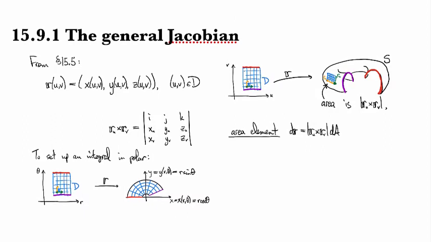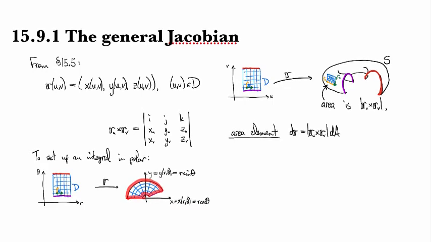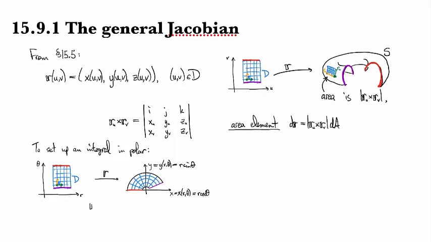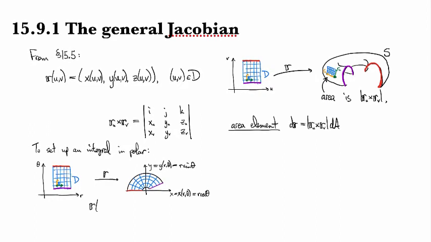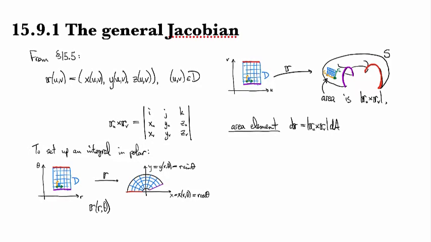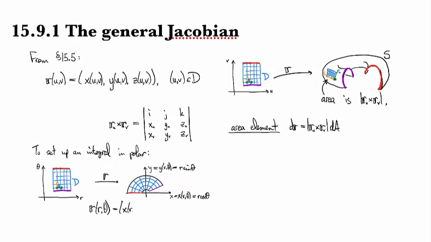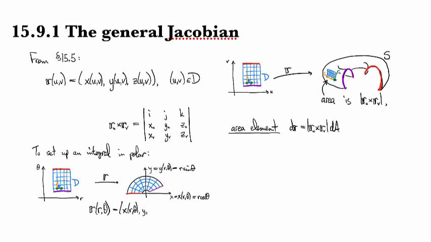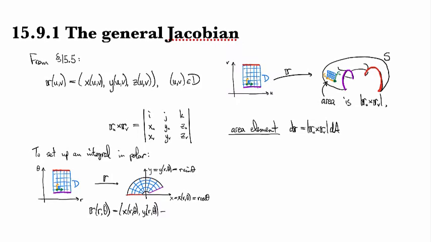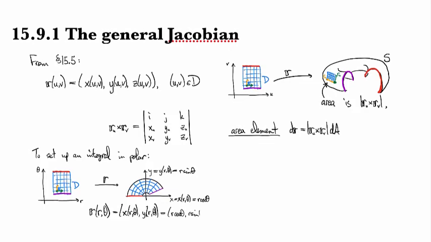And we could imagine that some region that looks like this ends up looking like some sort of sectorial region looking like this. So in this situation, our transform bold r of r, theta is going to be x of r theta, y of r theta, or more explicitly, the mapping r cosine theta, r sine theta.